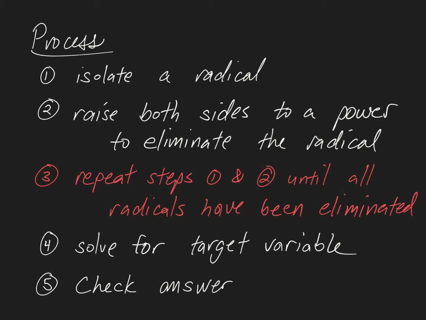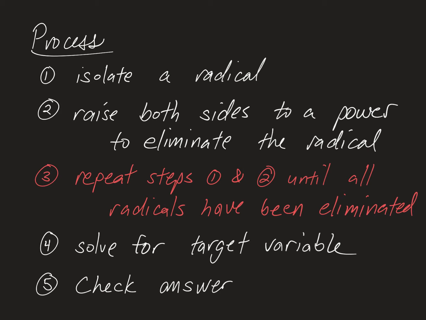In some examples, there will be 2 radicals, and we have to go through this process twice. We have to isolate a radical and eliminate it, then we have to isolate the other radical and eliminate it. So just so you know, keep repeating steps 1 and 2 until all radicals have been eliminated.